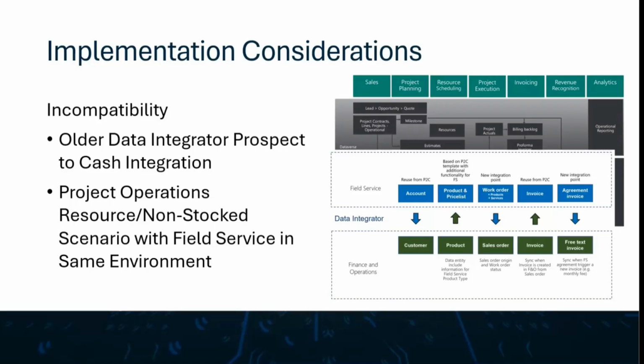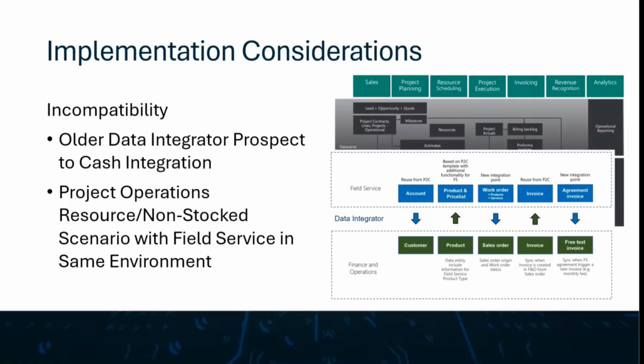The other thing is that project operations and field service both talk to the projects module in F&O. So if you're using both of those CE modules, you're going to need different companies within F&O because you can't deploy both the project operations dual write maps and the field service dual write maps into that same environment.